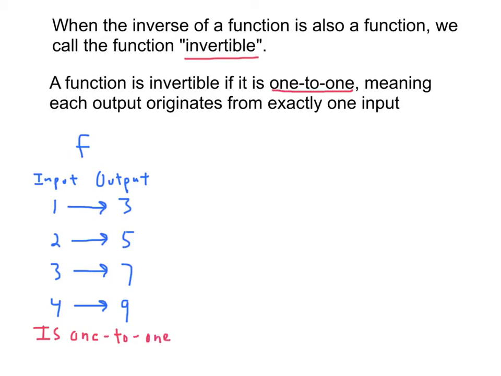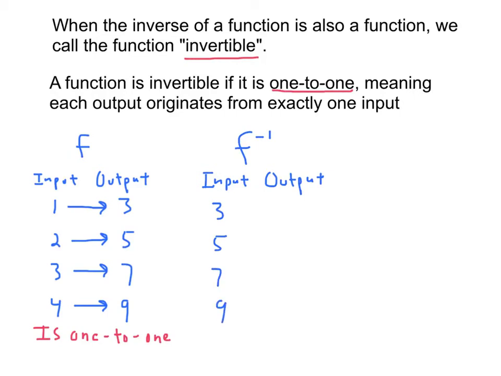Now let's look at what f inverse would do here. I'm going to make a chart for f inverse, and again we'll put the input and the output. Now remember, the outputs of f become the inputs for f inverse. So the inputs will be 3, 5, 7, and 9.